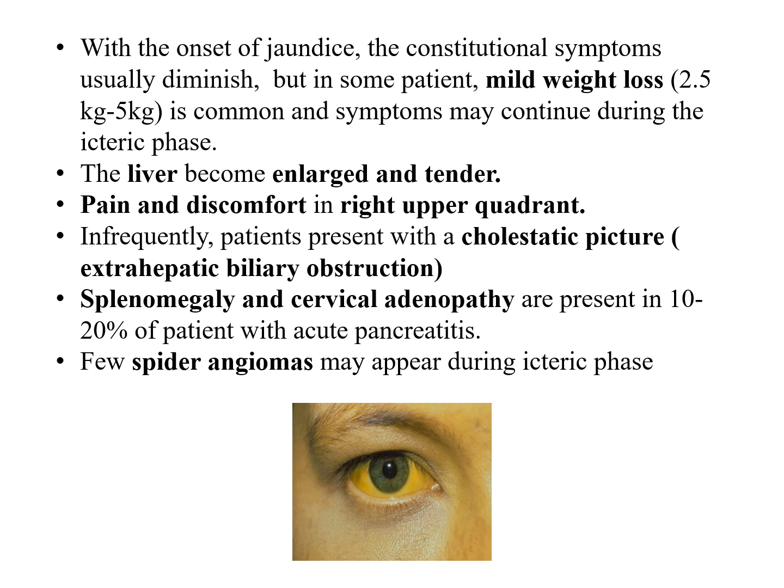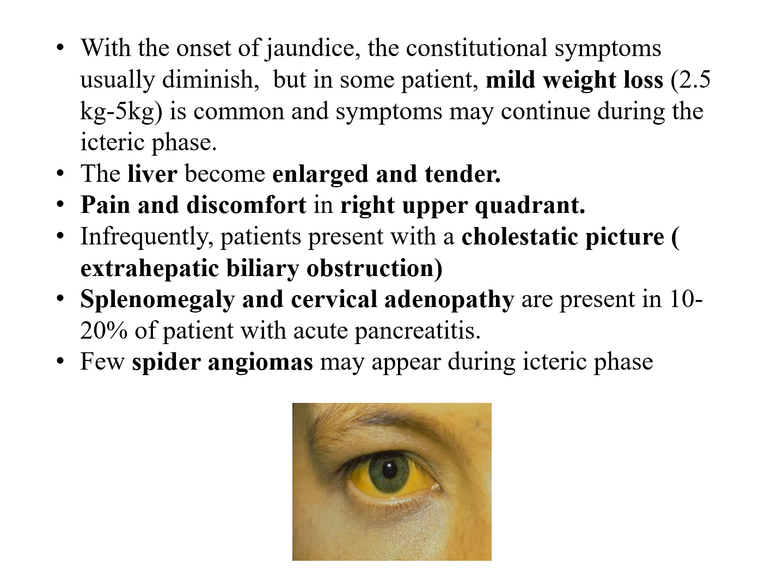With the onset of jaundice, the constitutional symptoms usually diminish, but in some patients, mild weight loss of 2.5 kg to 5 kg is common and symptoms may continue during the icteric phase. The liver becomes enlarged and tender, with pain and discomfort in the right upper quadrant.